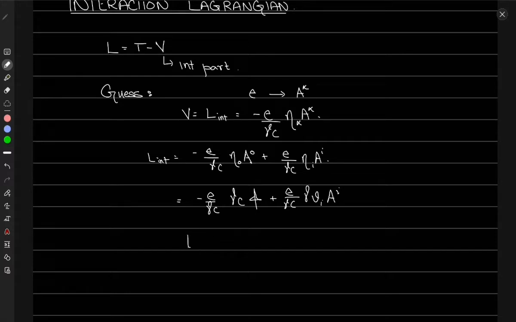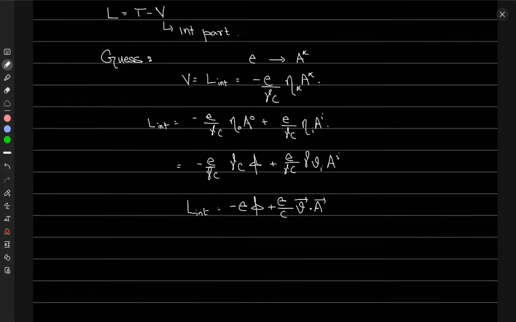So this means that the interaction Lagrangian becomes minus e phi plus e over c velocity dot A, right? So notice that the velocity and the electromagnetic field are in the same direction. So this dot product is basically giving you the component of velocity and electromagnetic field in the same direction. So this is my interaction Lagrangian. Let's box that up. Right.